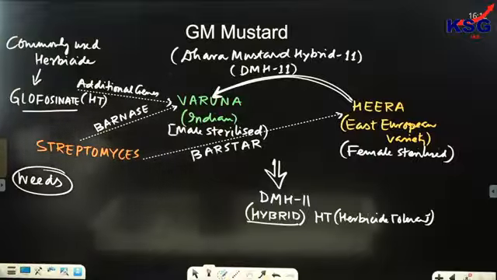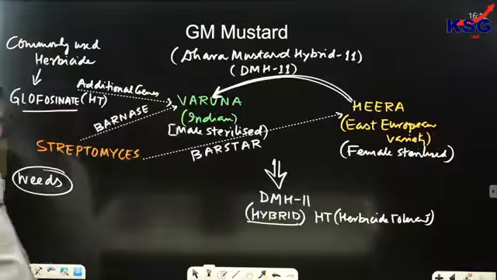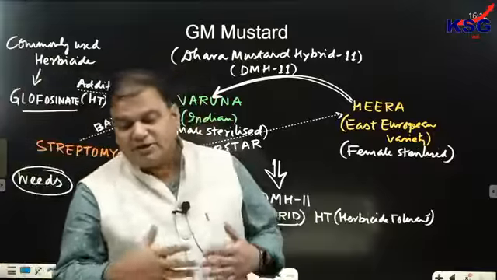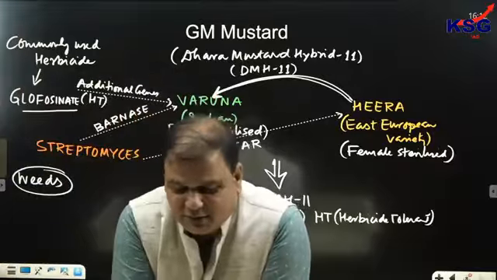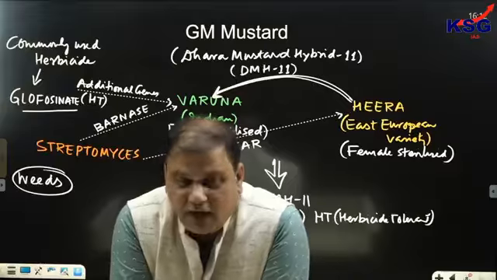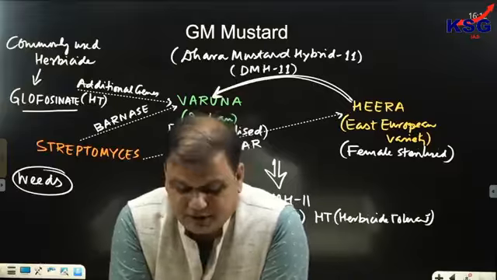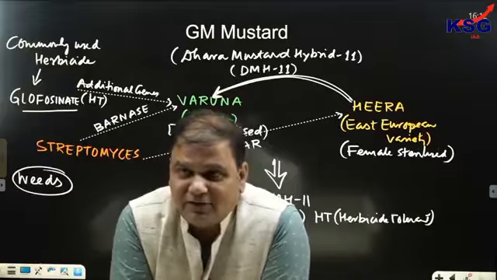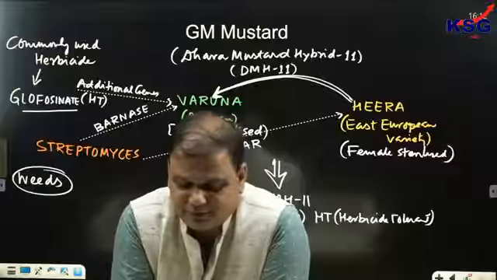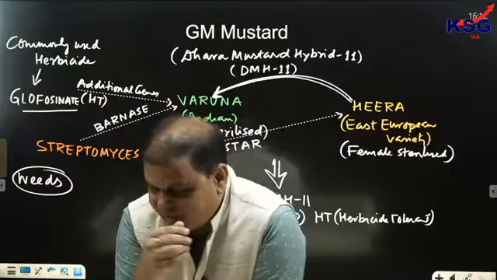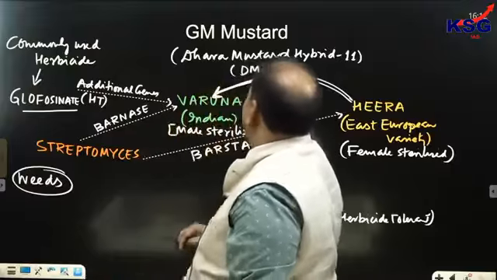Mustard is a self-pollinating crop. If self-pollination takes place, how can cross-pollination be possible?